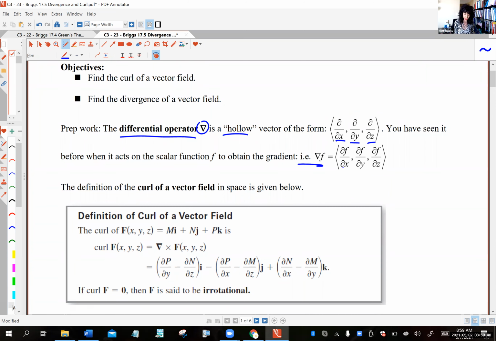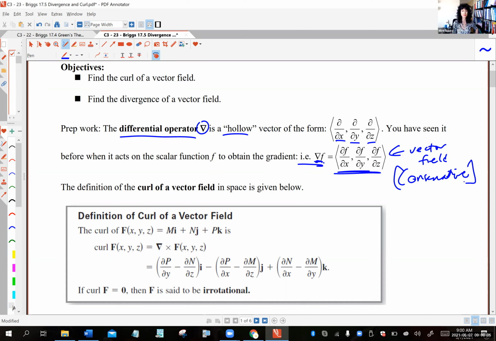When you find the gradient, you're using this differential operator on the scalar function f, and you get df/dx, df/dy, and df/dz. This is a vector field. And remember, it is a conservative vector field, because all gradient fields are automatically conservative vector fields. Fine. So now let's move on.